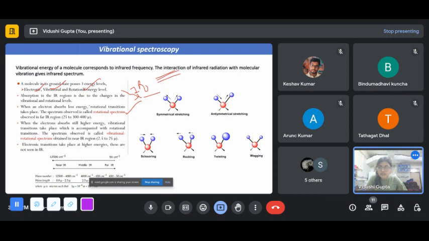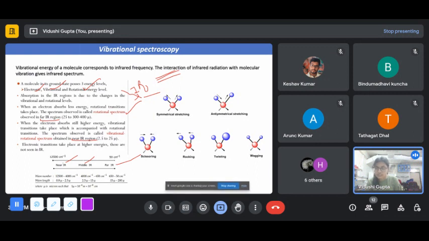The rotational spectrum is observed in the far IR region, while the vibrational-rotational spectrum is observed in the near IR region. IR is divided into three regions: near IR, middle IR, and far IR.